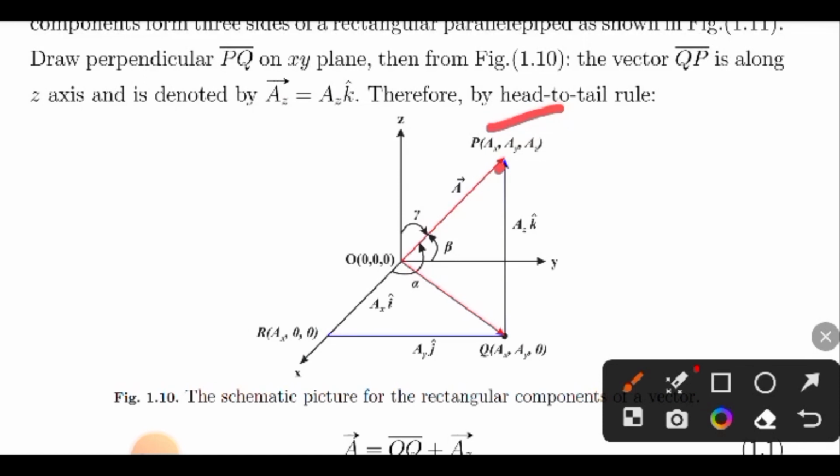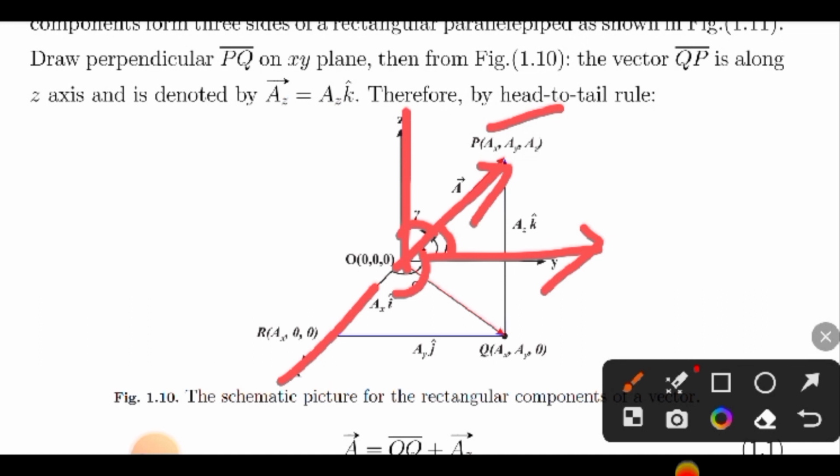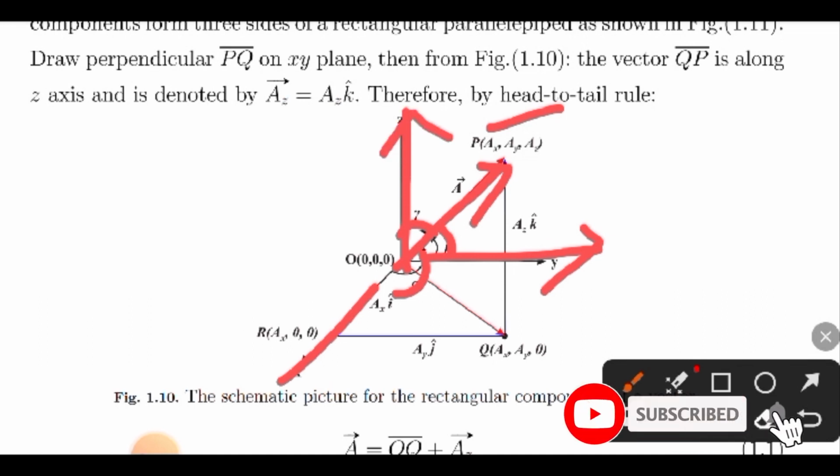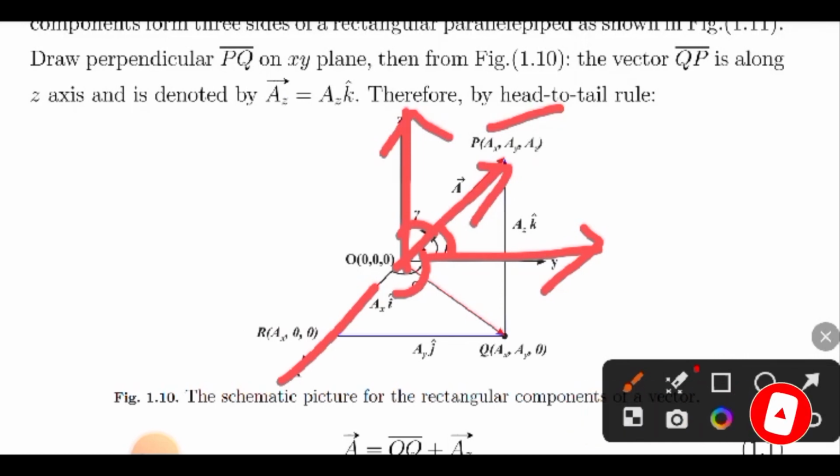This vector A from the origin in 3 dimensions makes an angle alpha with the x-axis, an angle beta with the y-axis, and an angle gamma with the z-axis. So these are the three angles alpha, beta, and gamma made with the x-axis, y-axis, and z-axis.